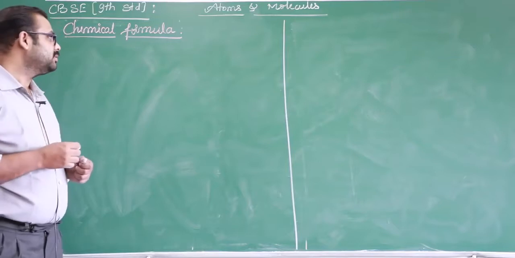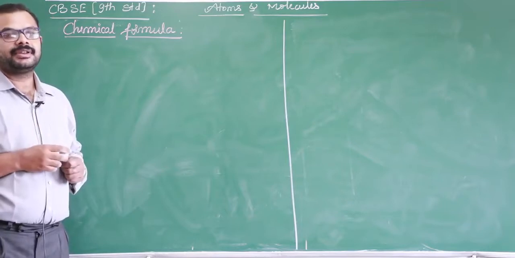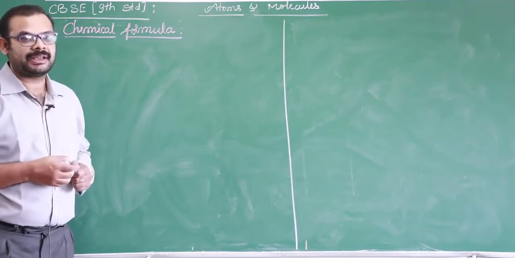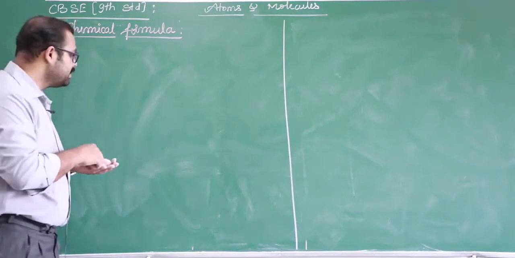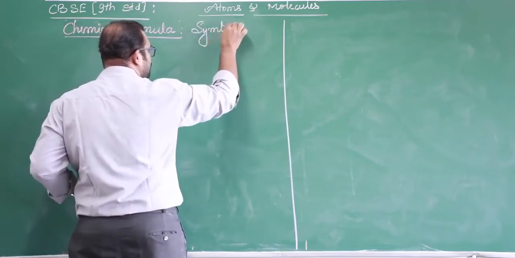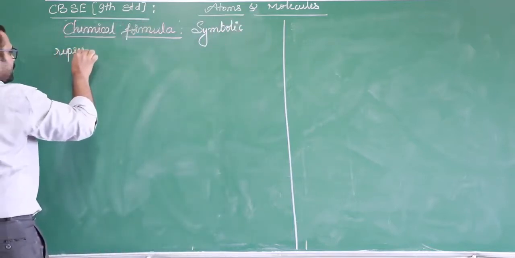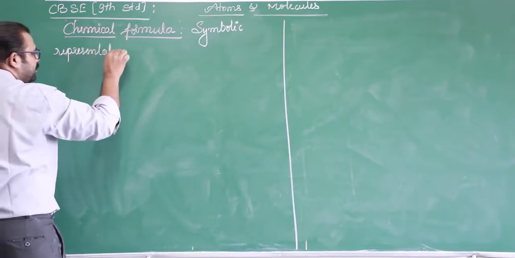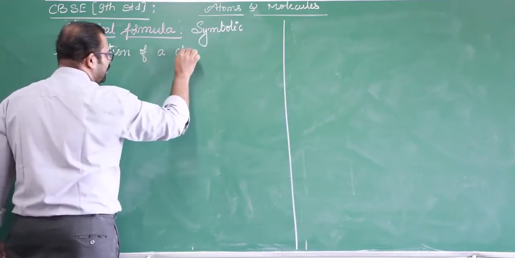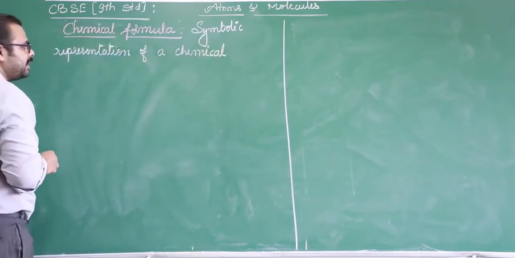Whatever atoms are involved in a chemical compound, we can write by some symbols. The symbolic representation of a chemical compound is called a chemical formula.